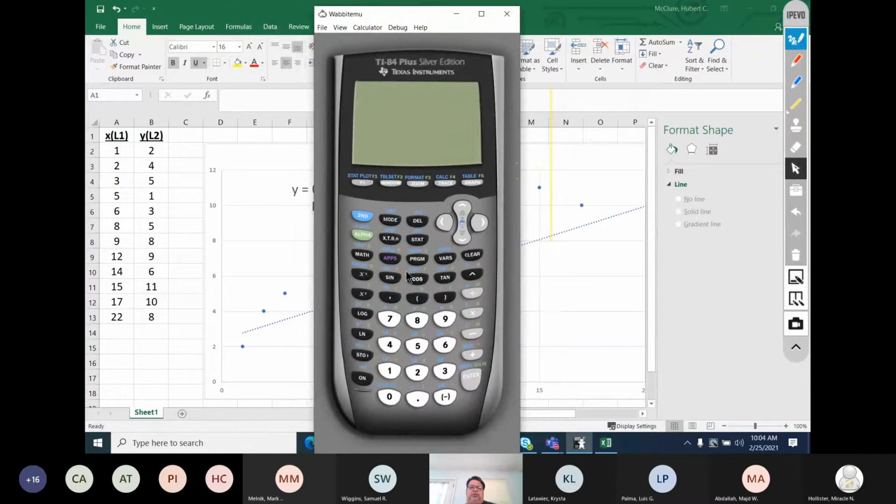Let's see if we can do x cubed. Y is equal to x cubed plus 2x squared.